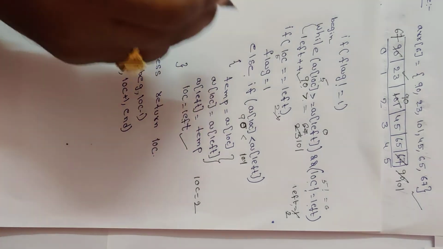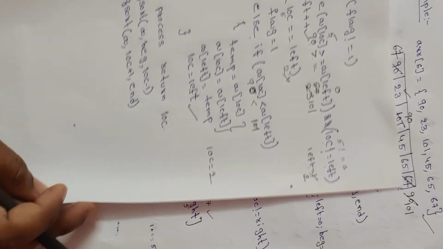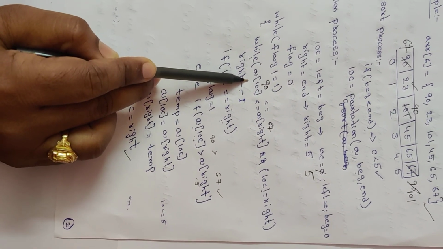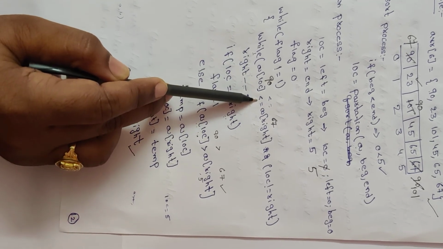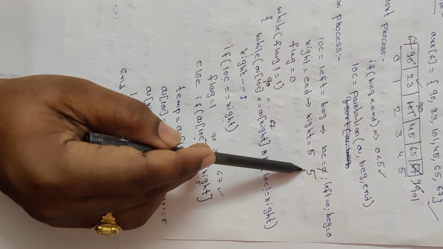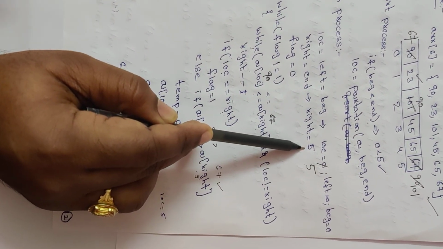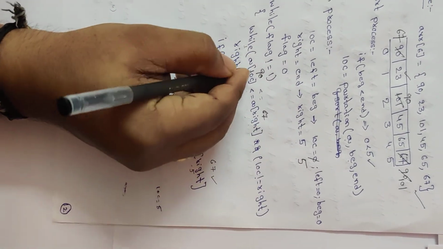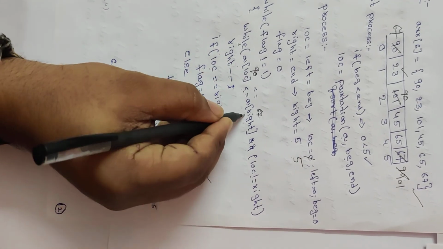So again we need to repeat the process from the right comparison. This loop comes: while a of location, where location is 2, a of 2 is 90, is less than or equals to a of right.